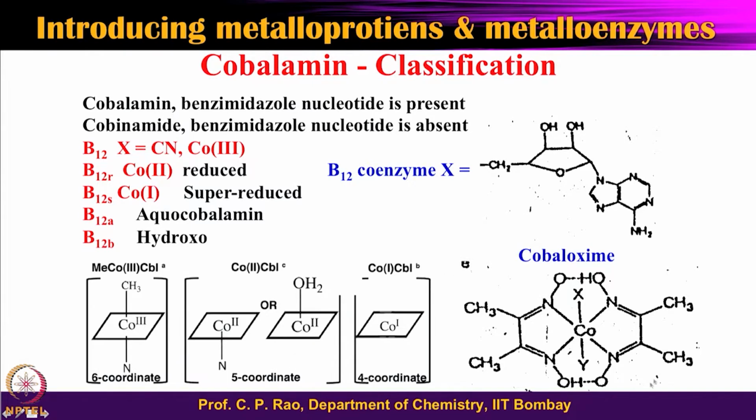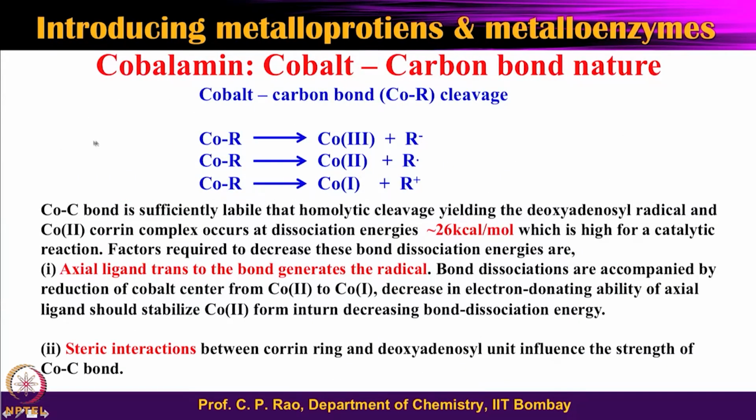From that also one can try to identify. This is a synthetic system, where X and Y can be varied, and people have made all these kinds of compounds. These are called cobaloximes, like other kinds of oximes. So, let us come to the situation of the cobalt-carbon bond.